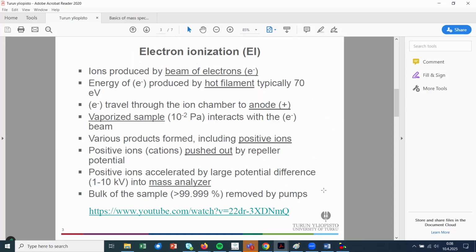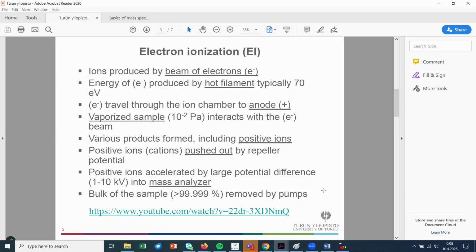There's a hot filament used to produce the energy needed for the electrons, and typically the energy level E there is 70 electron volts. The vaporized sample, typically from, for example, gas chromatography, interacts with the electron beam, and then various product ions are formed.